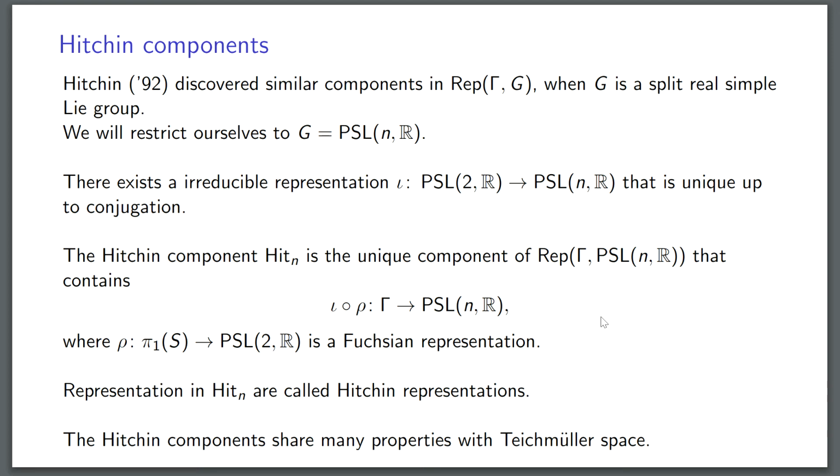In particular, for example, all Hitchin representations are discrete and faithful, just like the Fuchsian representations were. And well, there are many more common properties, and these shared properties make the Hitchin components so interesting to study.